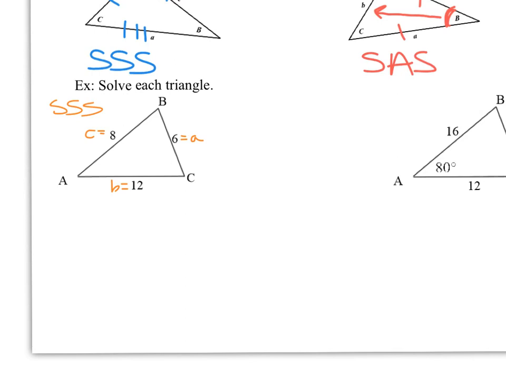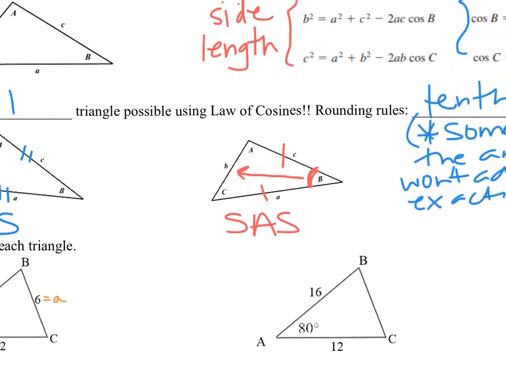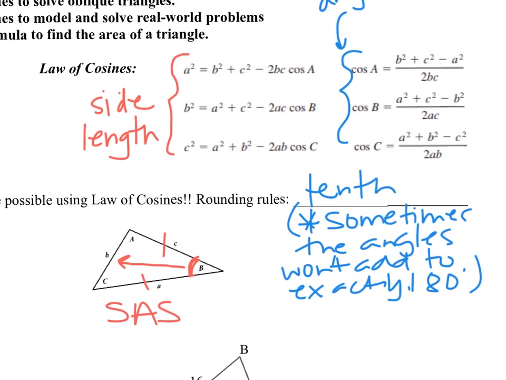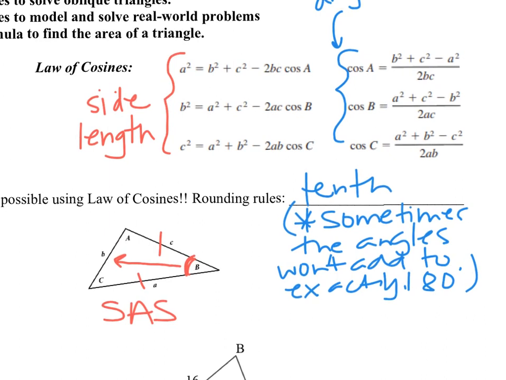And the big takeaway with that is the angle measure is always directly across the opposite side. Notice angle A in that formula, and it's minus A squared. B minus B squared, C minus C squared. And then the other variables just are adding, and then they're in the denominator for that fraction.